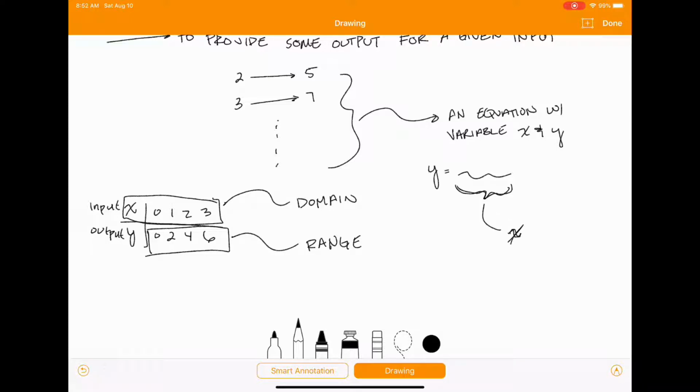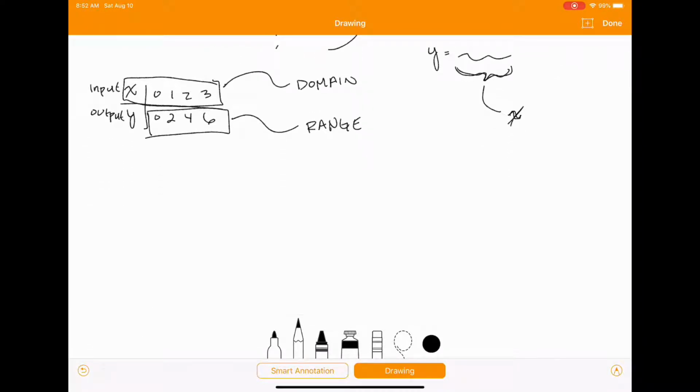Now, we can also represent this relation on a graph. So you can go ahead and just graph these. And what you're going to do is you're going to create ordered pairs from all of these inputs and outputs. So for example, we're going to have a point 0, 0, and then 1, 2, and then we're going to have 2, 4, and then 3, 6.